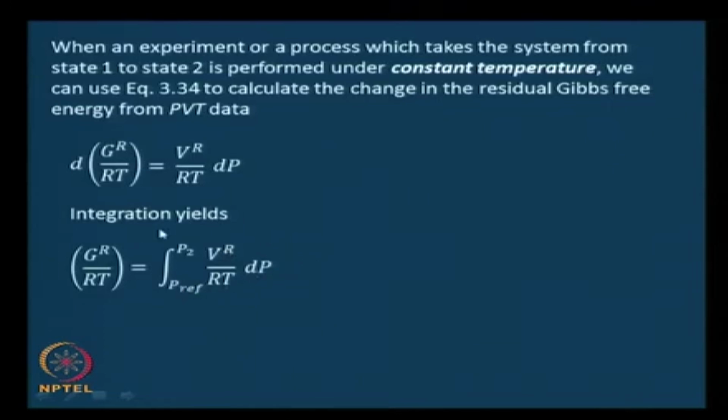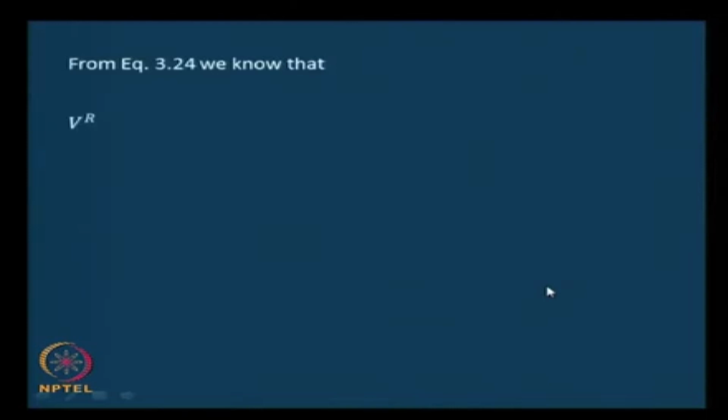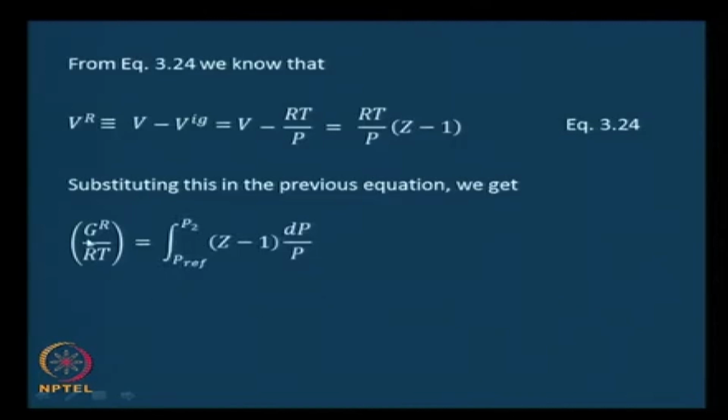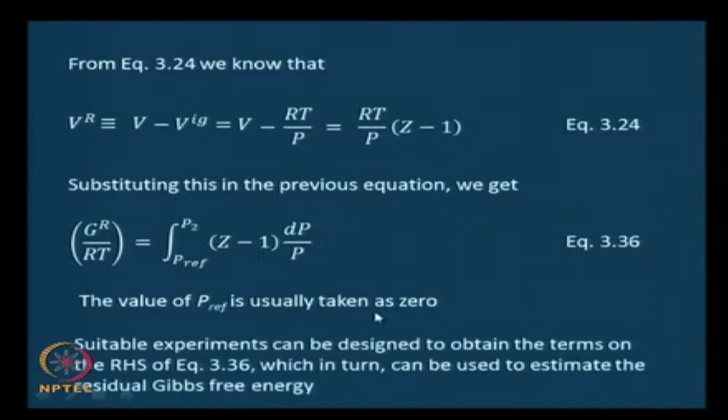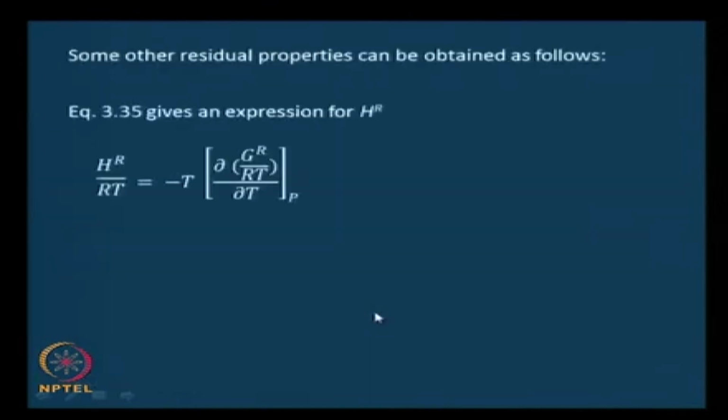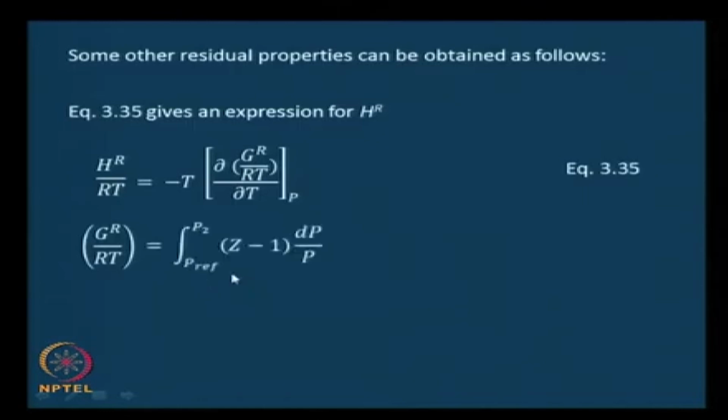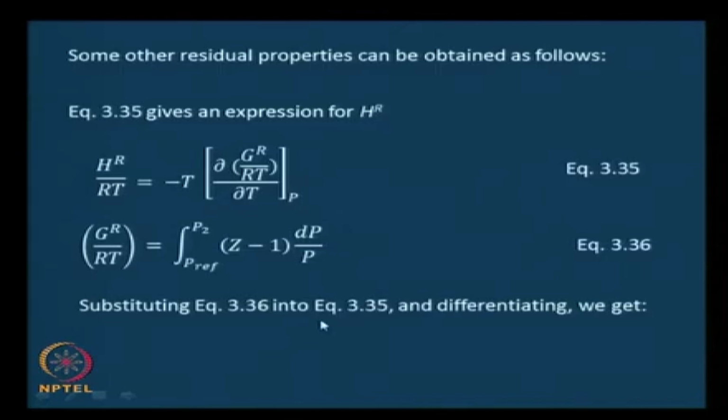This is good, but we wanted an easier way of estimating that, therefore we wrote it in terms of Z. Yep, Gr by RT equals integral of P reference to P2 Z minus 1 dP by P. Okay, this makes it easily evaluatable, and we said that the value of P reference is usually taken as 0.